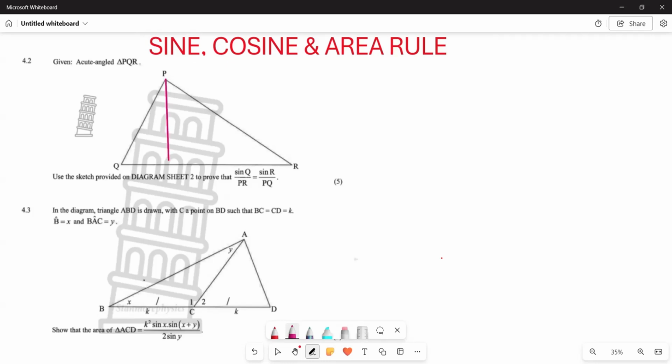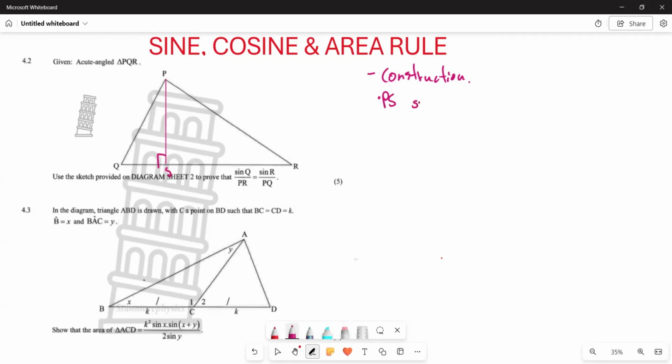Whenever we are required to prove, you start by constructing, right? You construct your line. So you're going to construct PS such that PS is perpendicular to QR. So the first thing that you do is construction.